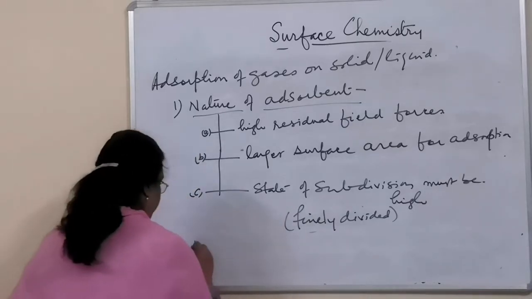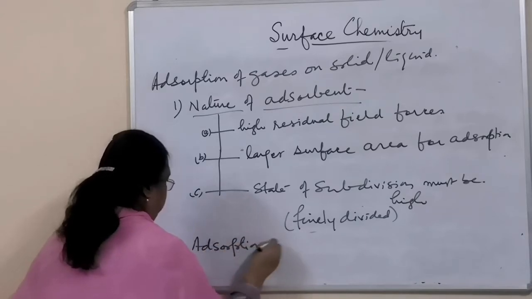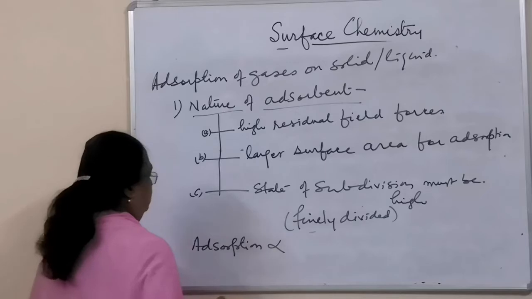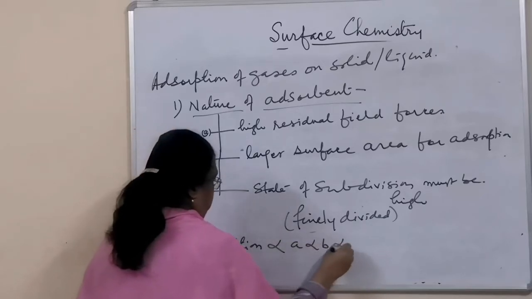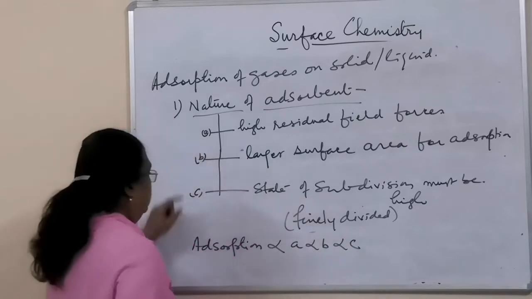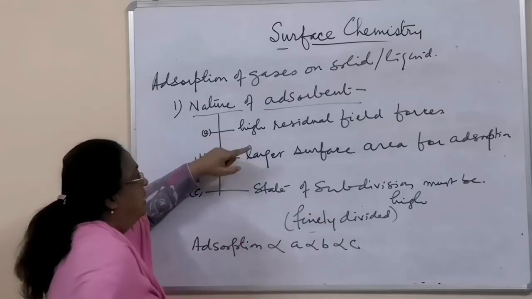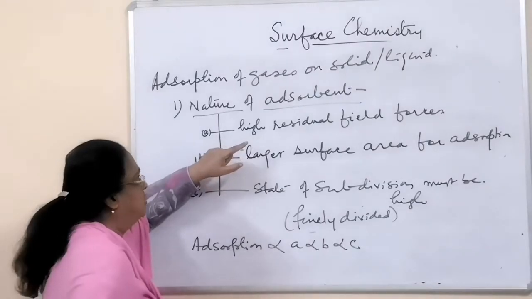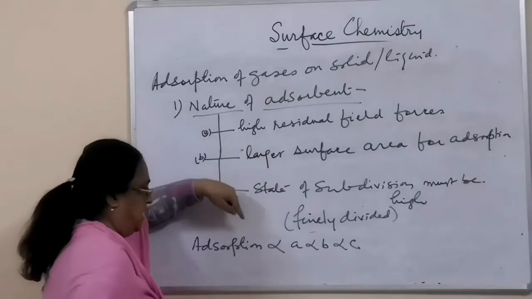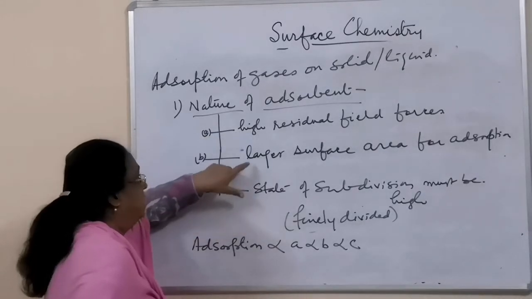So adsorption is directly proportional to point A, point B and point C. Means adsorption is directly proportional to the residual field forces. The higher the residual field force, the faster and greater the adsorption.